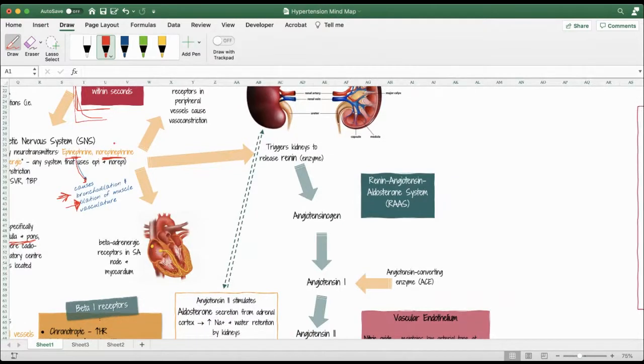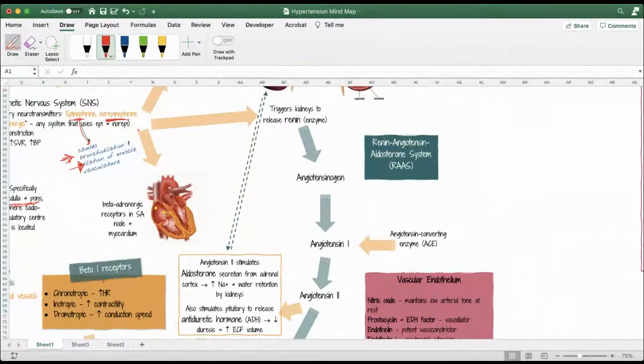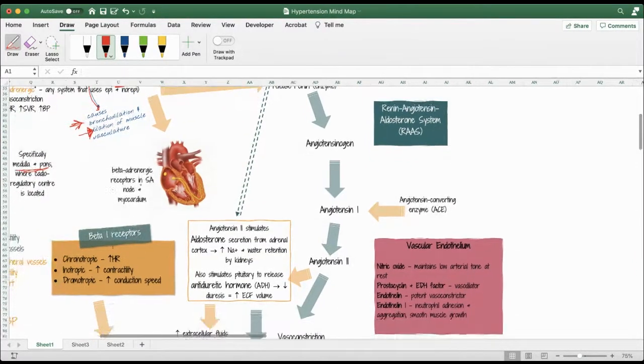So your norepinephrine, what it mainly does, we'll go this way first, is have an effect on the beta receptors in the heart. These beta 1 and beta 2 receptors are located in the heart muscle, in the myocardium, and also in the SA node itself.